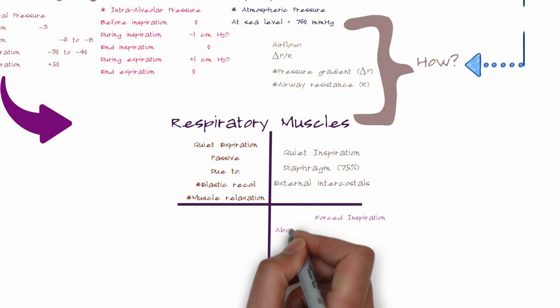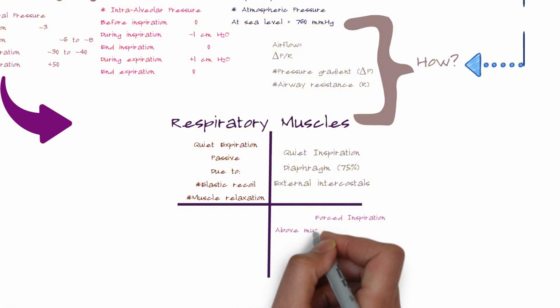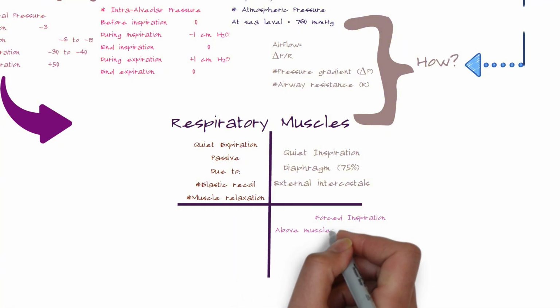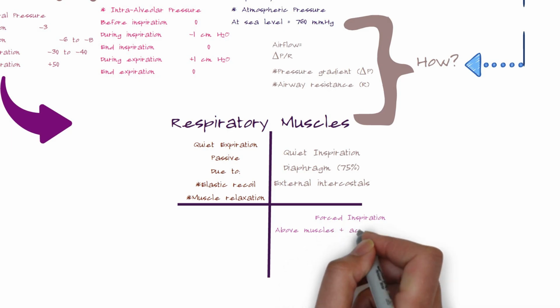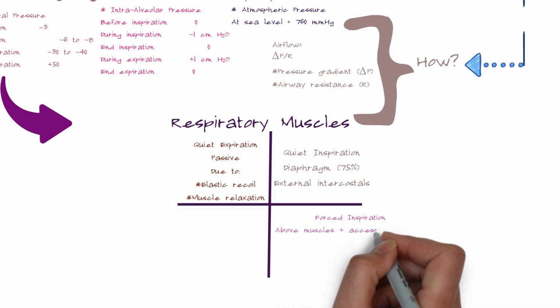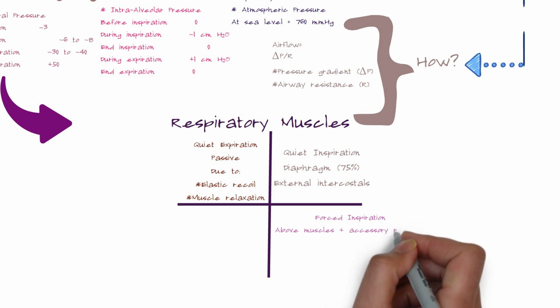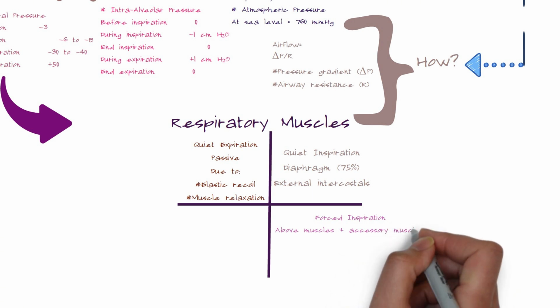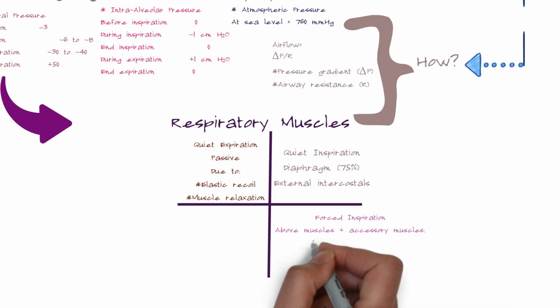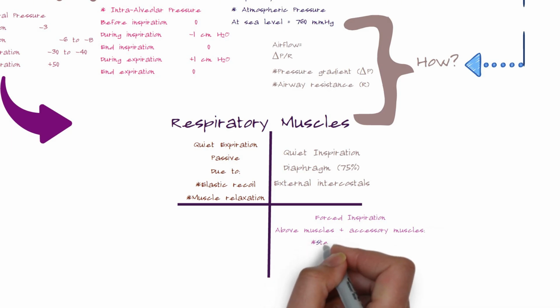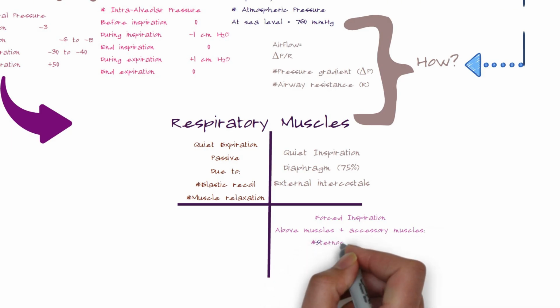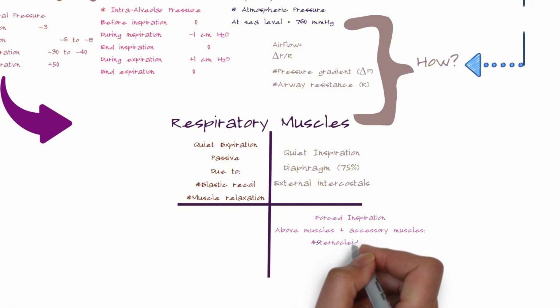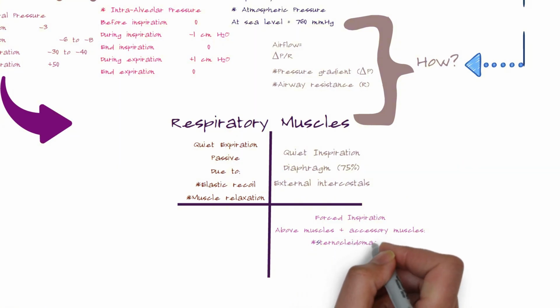And when the four muscles contract, they expand the chest more and more, increasing the negativity of the intrapleural pressure. The intrapleural pressure becomes -30. So remember the two muscles for the forced inspiration start with S: sternocleidomastoid and the scalene muscles.